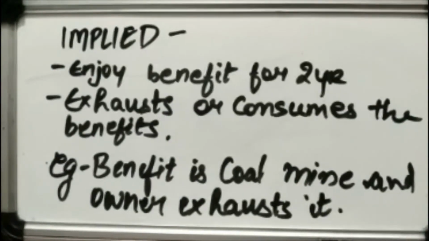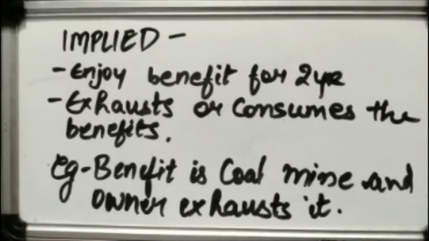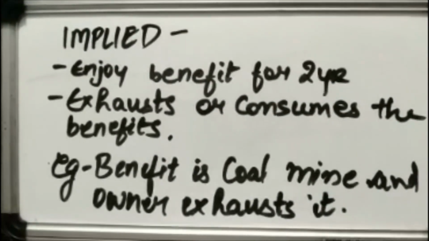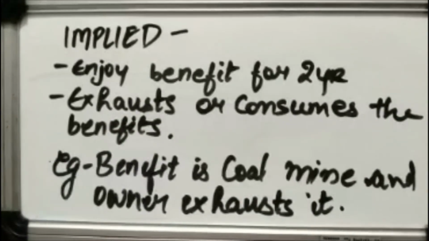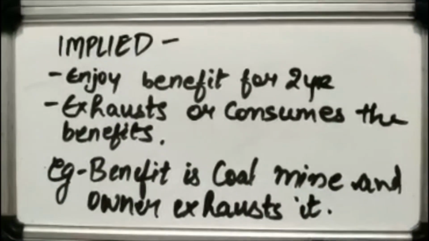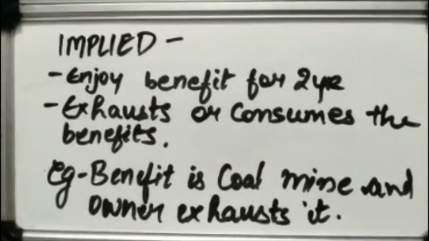In two conditions, we can presume that the owner has knowingly accepted the benefits. The first is he enjoys the benefit for 2 years without doing any act of refusal. Secondly, he exhausts or consumes the benefits.